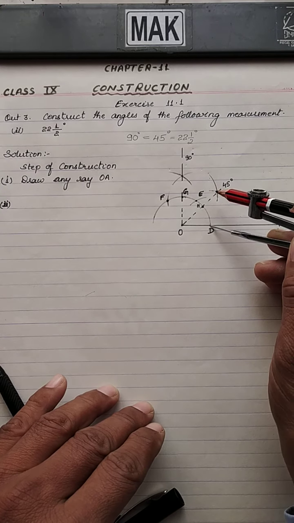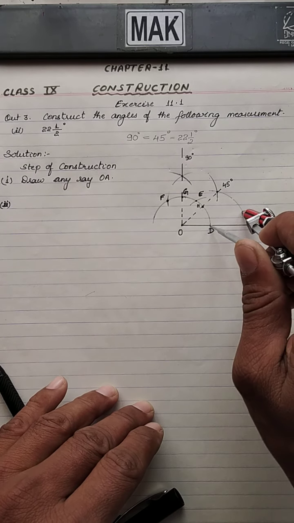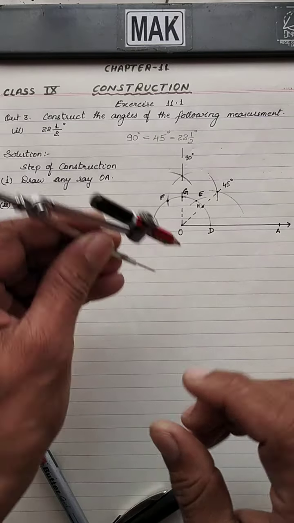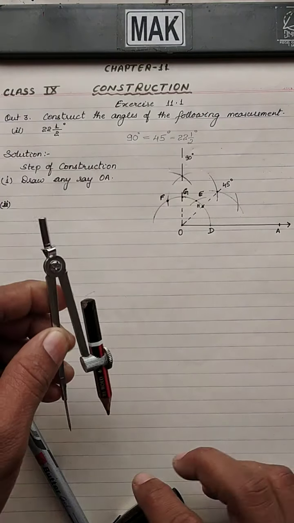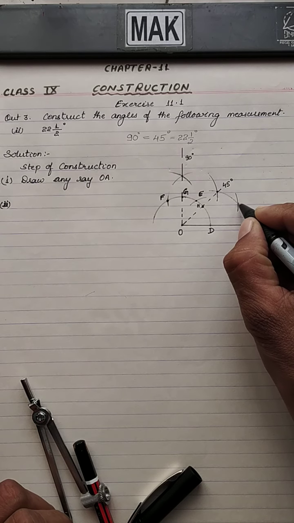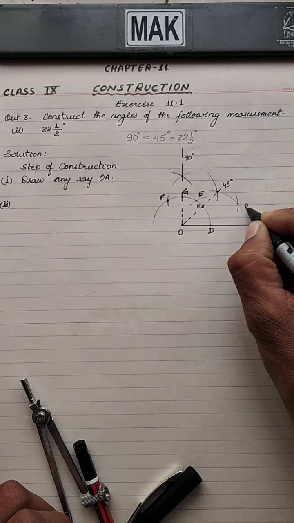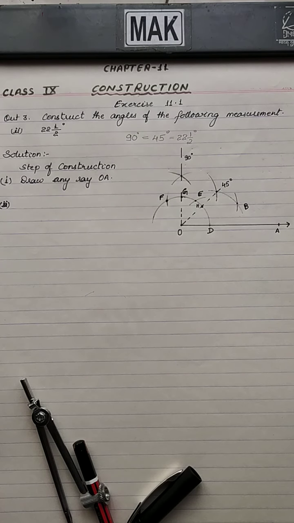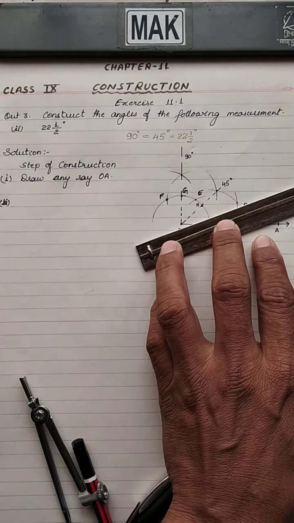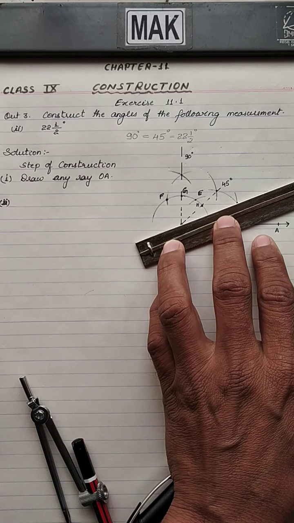You can see, more than half of HD, draw an arc outside here, and taking the center H we will draw another arc here. So this point I am going to call B. Now if you join B and O, it will be half of your 45 degrees.